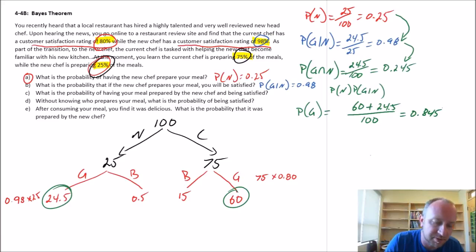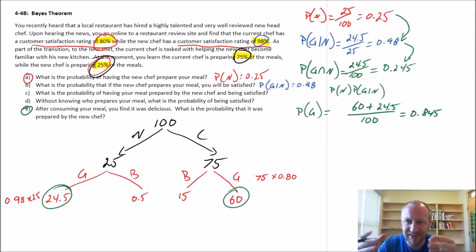So moving on to part E. After consuming your meal, you find that it was delicious. What's the probability that it was produced by the new chef? Okay, so now this is an application of Bayes' theorem, which, look in your textbook. This is a fairly tedious calculation if you're using all of these different probabilities.